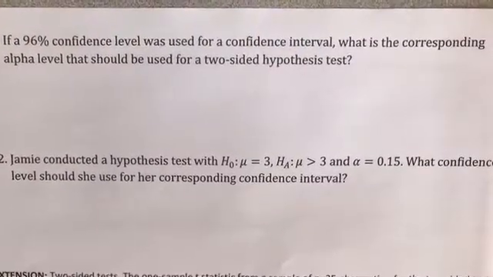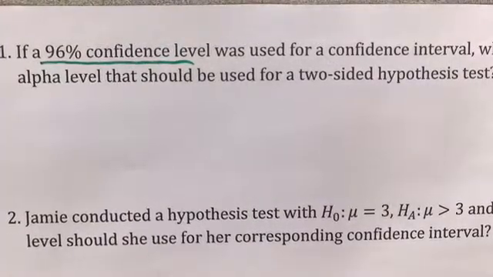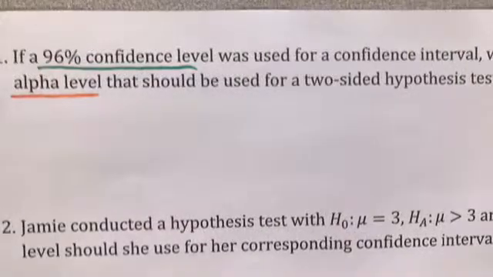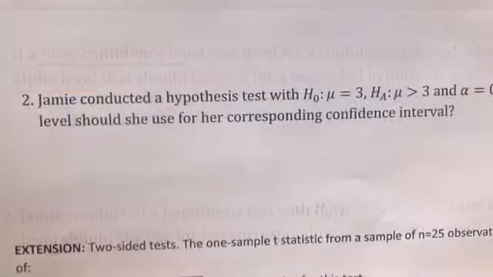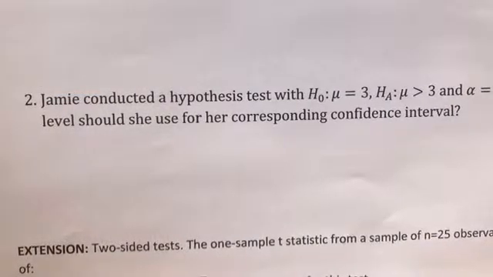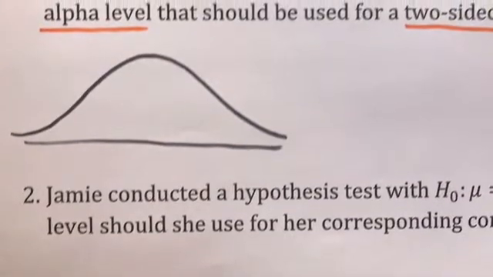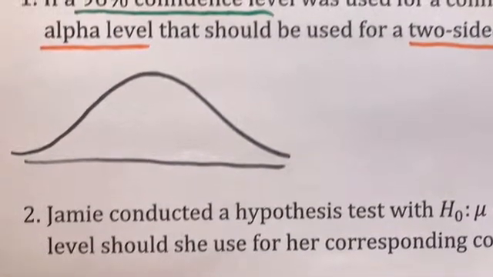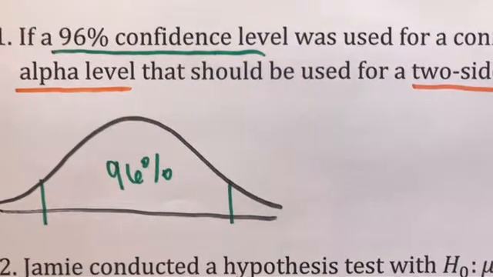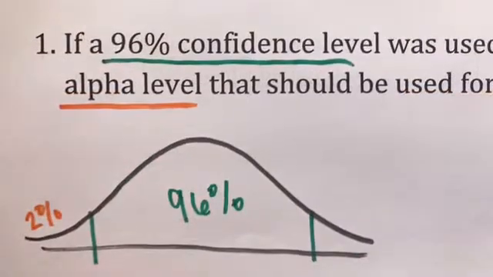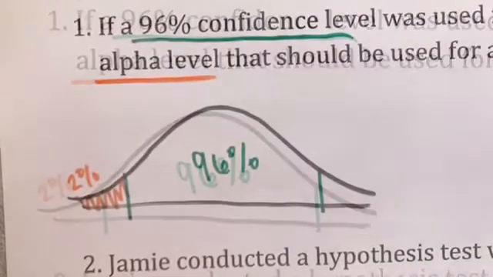Let's try some examples here. So in this problem, I have a 96% confidence level. I'm trying to find the alpha level, and it's a two-sided hypothesis test. So I'm going to sketch my diagram, normal curve, and I'm going to label what I know. If the confidence level is 96%, that's my middle interval, which means I'm going to have 2% in the lower tail and 2% in the upper tail.